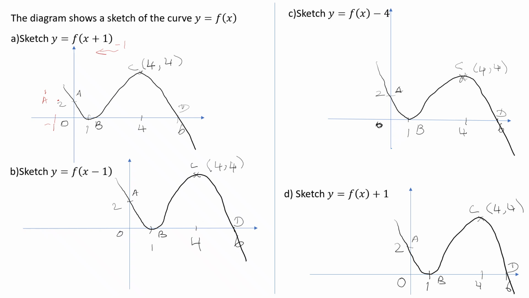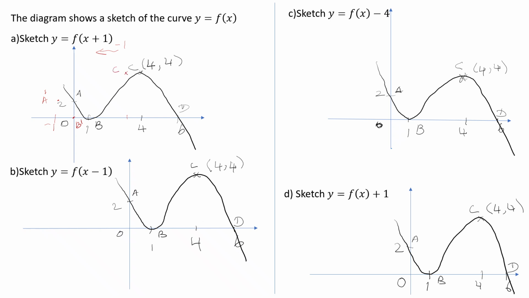Now point B, its x coordinate is 1, so it's going to be 0. This is B dash. Point C, x coordinate is 4, so it's going to be 3 here.